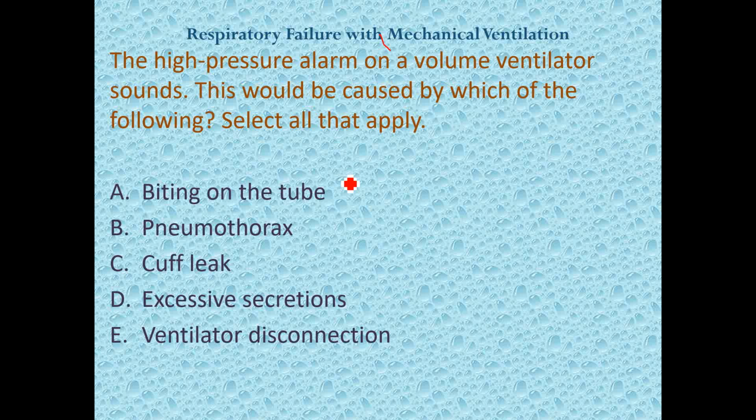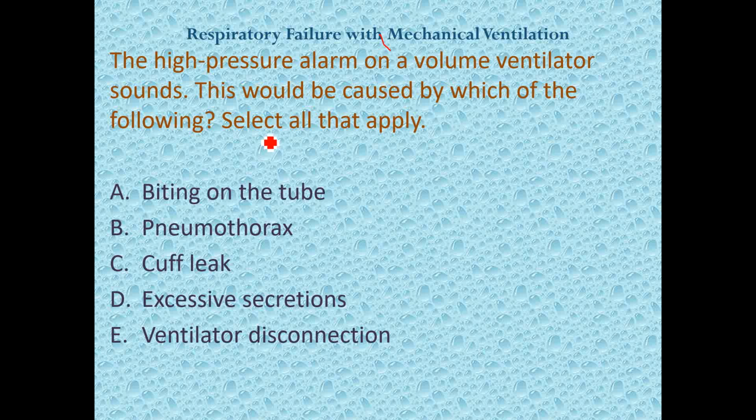More resistant, less stretchy would be very similar problems. So if there is less compliance or less stretchiness or more resistance, then the high pressure alarm is going to sound to let you, the nurse, know that it's not as easy for me to blow air into this patient's lung. So what might be the factors?